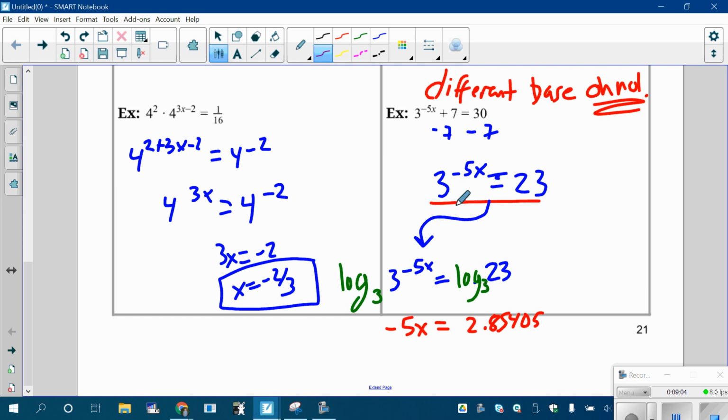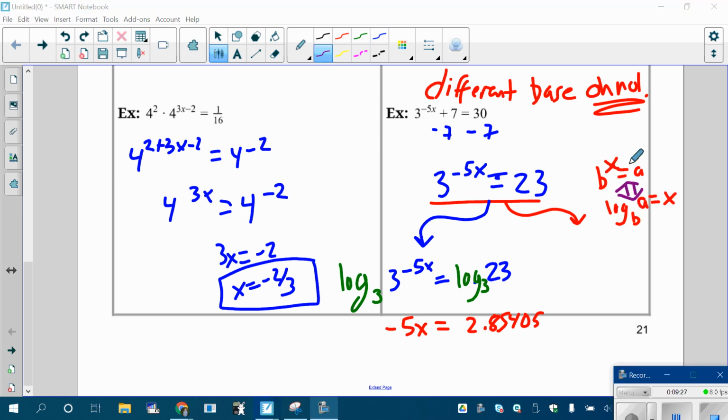So here, I took the log base 3 of both sides to get to this point. The other way to think about this is to look at this exponential equation and convert it to log form. What does that mean? Well, you remember, these two things are equivalent. This exponential equation is equivalent to this log equation.